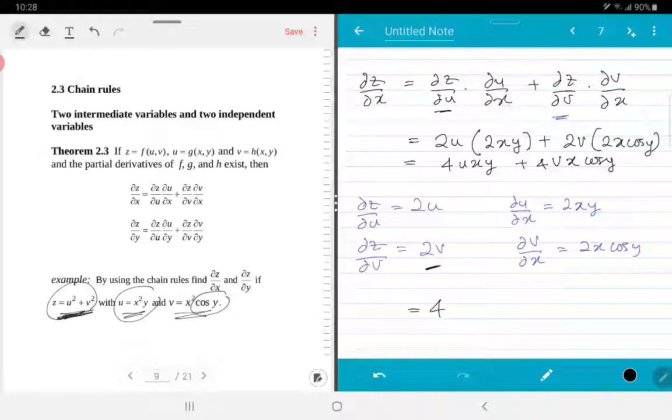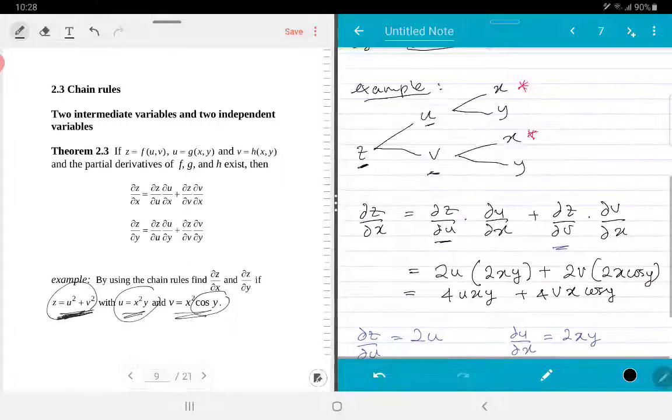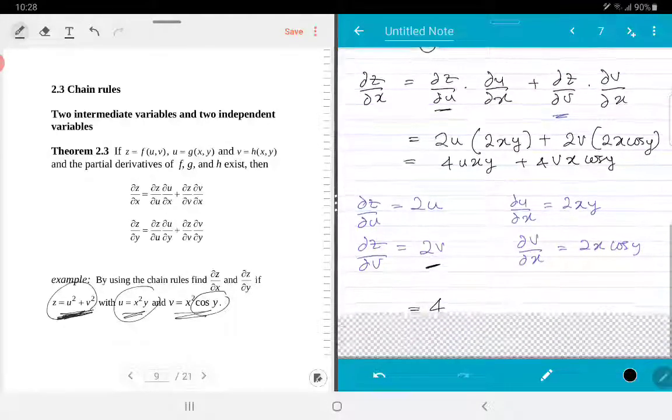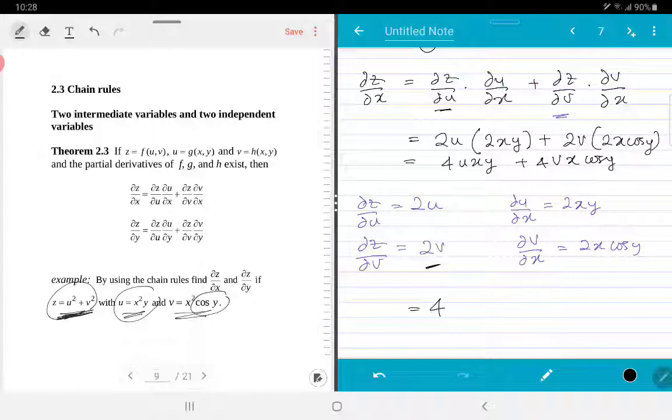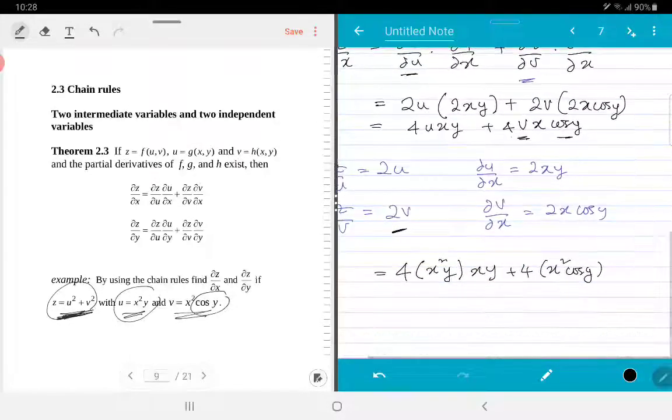And then of course the last step is to replace all the intermediate variables. In this case, the intermediate variables are u and v, in terms of the independent variables, which are x and y. So we have 4u, where u will be replaced by x squared y, and here we have xy, plus 4v, where v will be replaced by x squared cos y, and we also have x cos y.